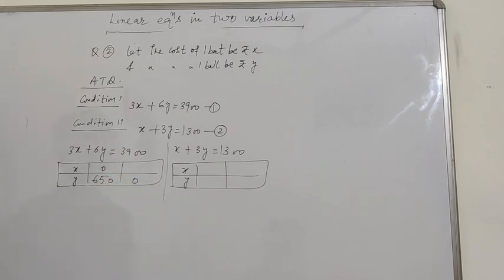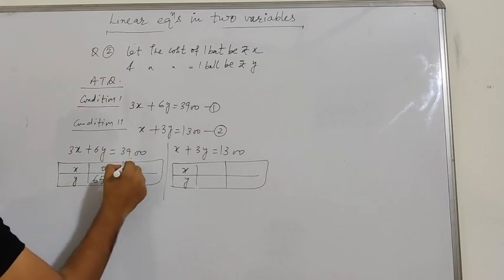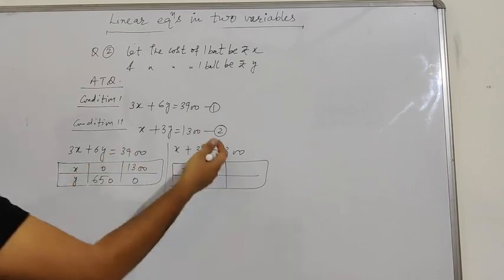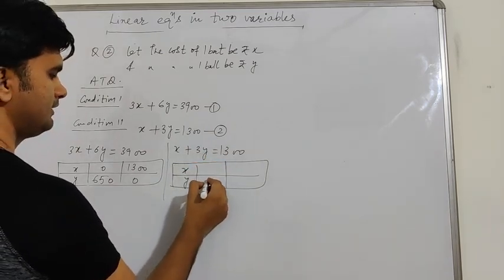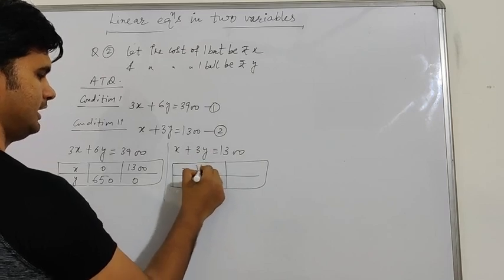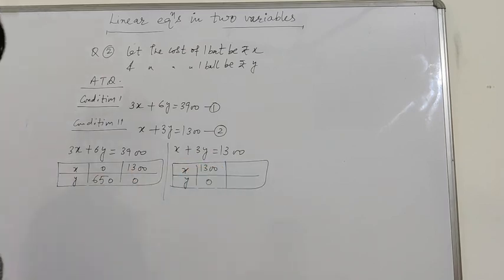If I put y is equal to 0, then x is 1300.